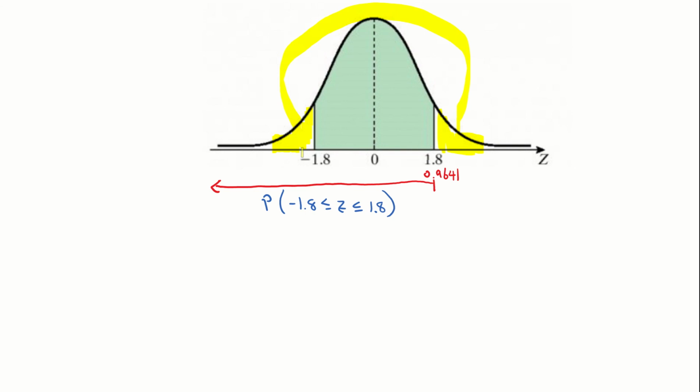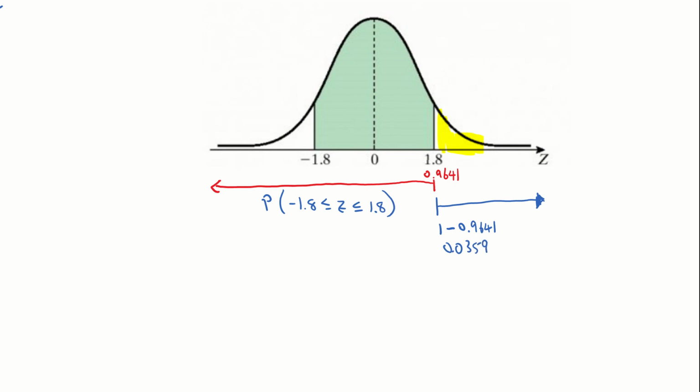And in order for us to find this yellow region, we can simply take away the 0.9641 from 100%, because we know that those two figures should add up to 100%, or 1 in other words. So therefore, I'm going to go 1 minus 0.9641, and when I take them away, I'm getting 0.0359. So it's roughly about 3.59%.